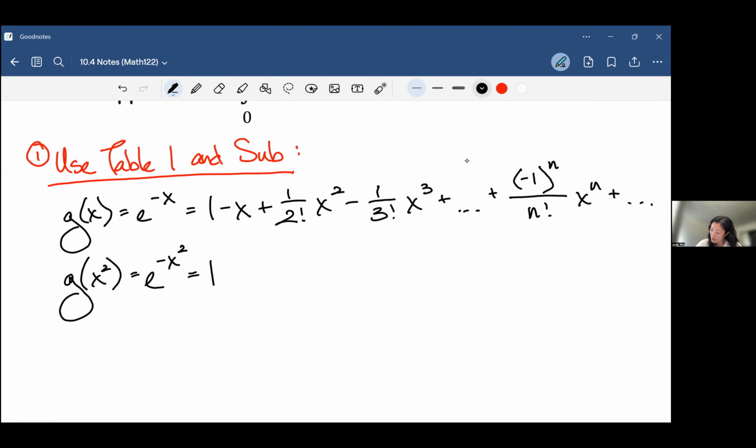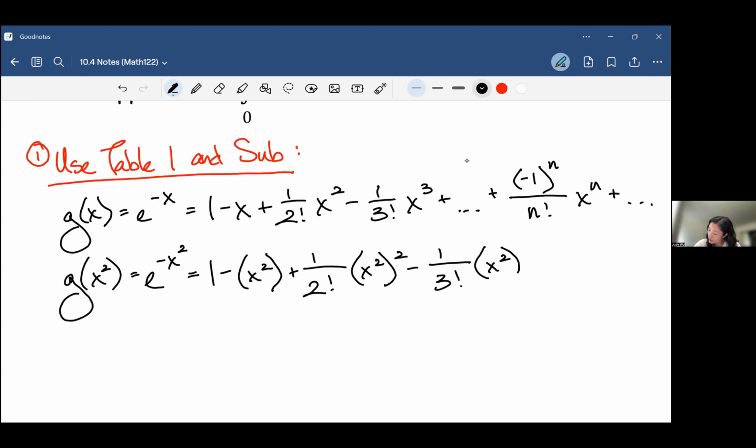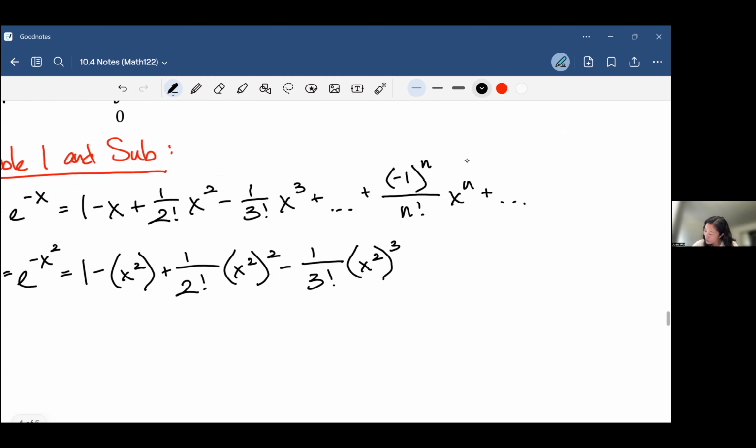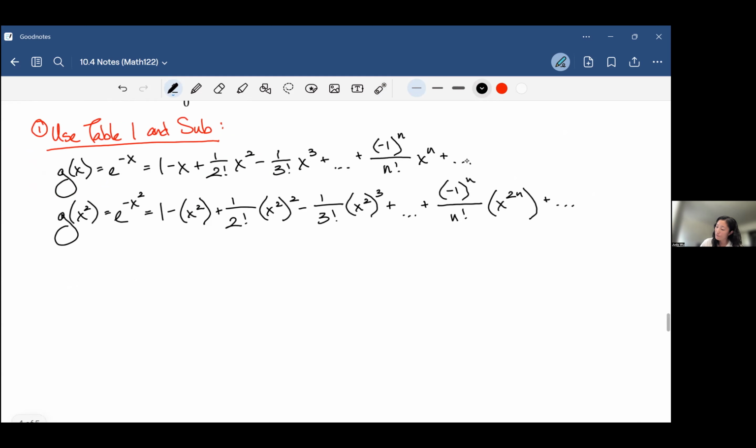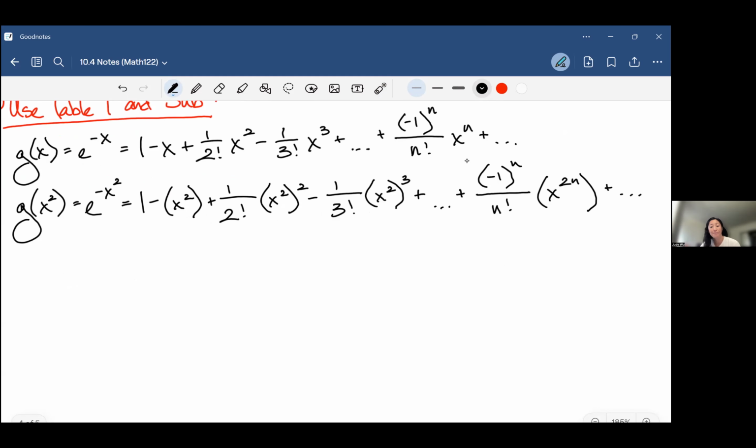We've got 1 minus x squared plus 1 over 2 factorial x squared squared minus 1 over 3 factorial x squared cubed, plus negative 1 to the n over n factorial and then x to the 2n, because it's going to be x to the n squared. And this, again, is just like writing out a few of the terms, but not all of them.